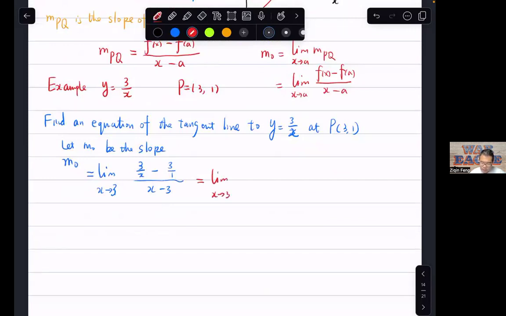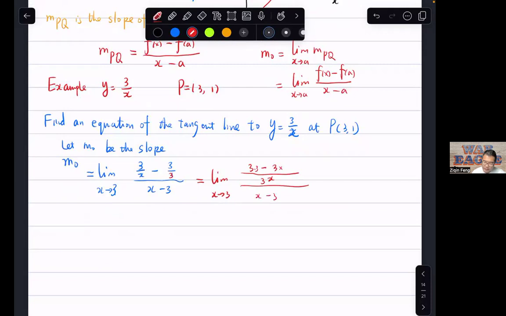As x goes to 3, you get x as a common factor on the numerator, 3 minus 3x over 3x, times 3 here, over x minus 3.